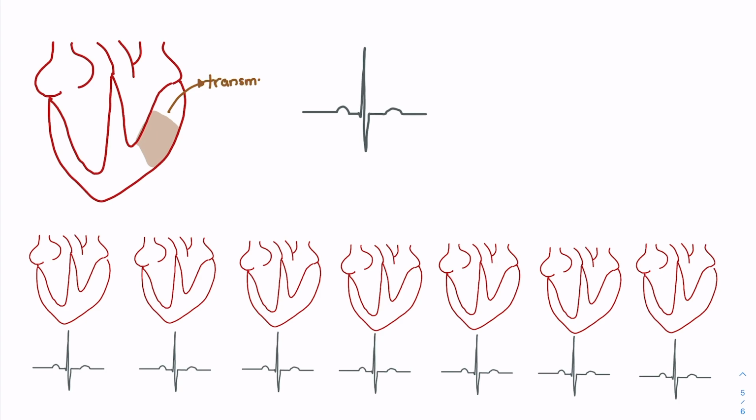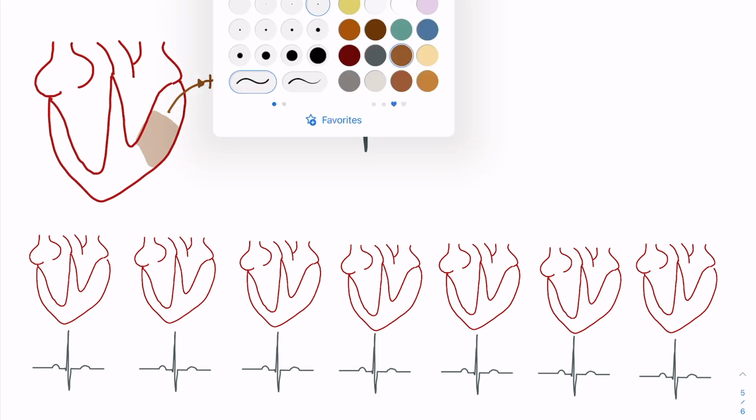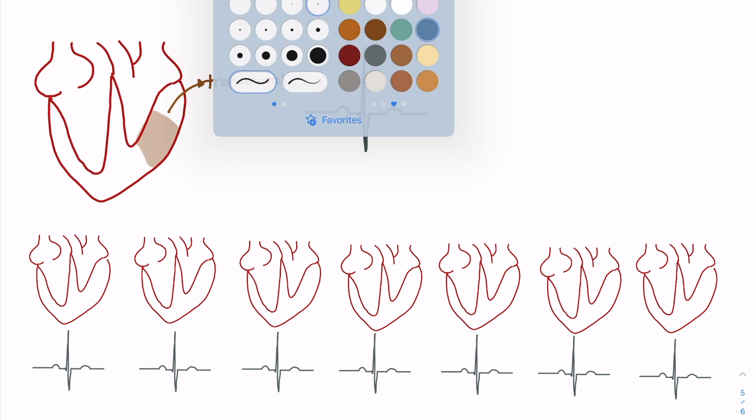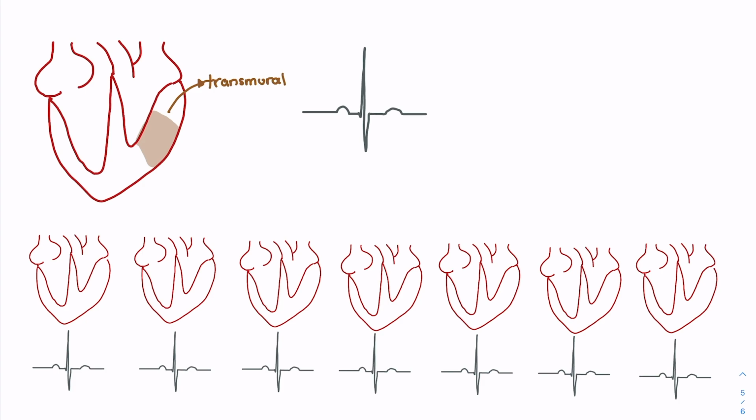So this is a transmural infarction. What I mean by transmural is that we have essentially the full thickness of the myocardium impacted. So we're having transmural damage to the myocardial wall. The important thing to remember is that this damaged tissue has what they call an injury potential, or essentially it's going to release ions and electricity that will alter the baseline.